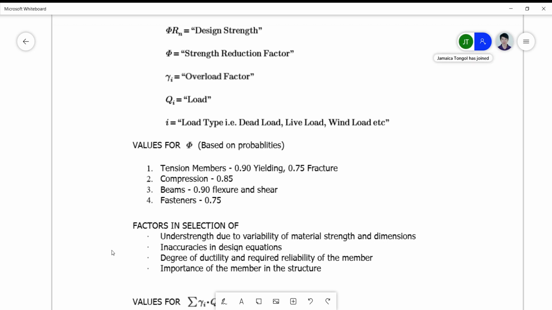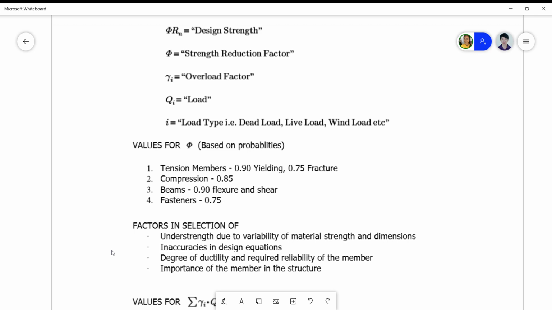The factors in selection of these values of phi are due to the understrength or the material variability and dimensions. Okay, so we cannot be assured of the exact strength of the material, so we have to account for some reductions.